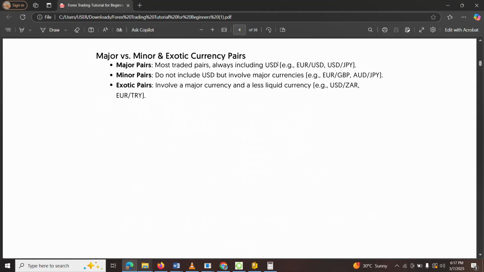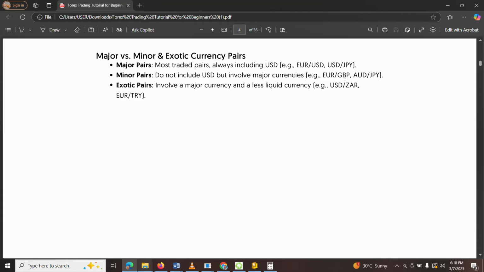If you can see my cursor here, this includes the euro US dollar, also the USD Japanese yen. We also have other pairs that are minor. These do not include the US dollar, but involve major currencies, like the euro and the GBP, or what we call the Great Britain pound.